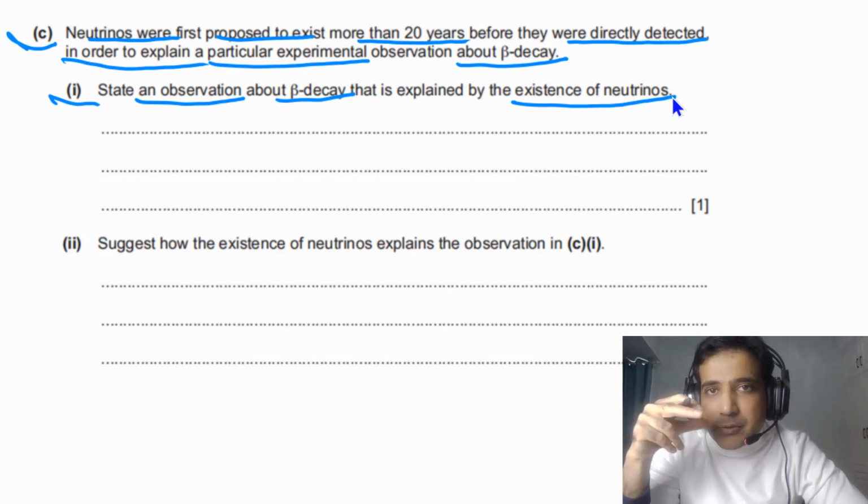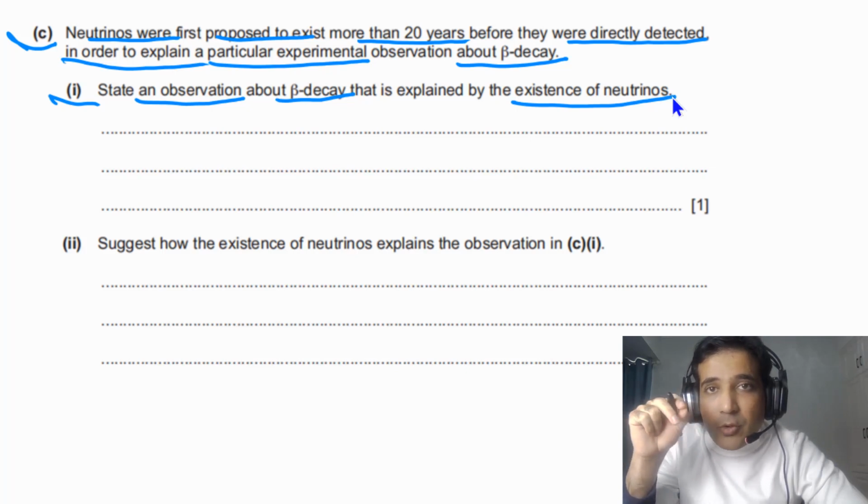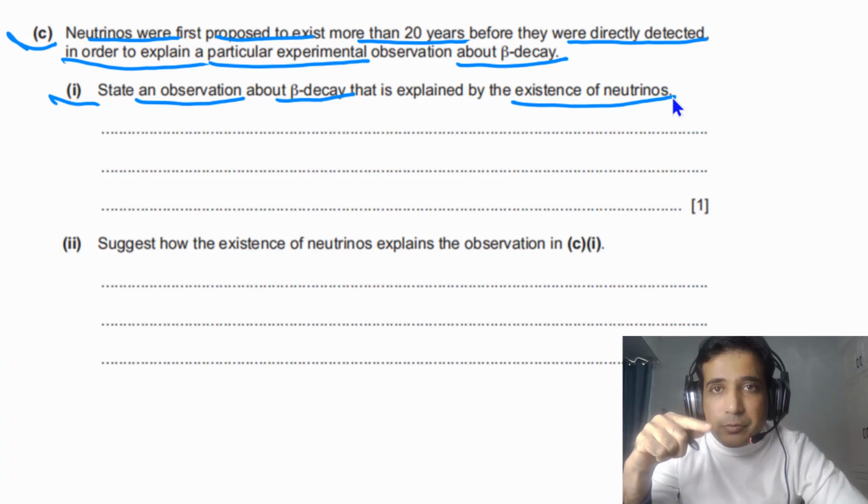For that purpose, we need to understand that when we do experiments about beta decay, we observe that in any beta decay, electrons, or simply beta particles, are emitted with a range of kinetic energies. So if we repeat the same radioactive decay, we will observe that the kinetic energy of the electron, or beta particle, is different.